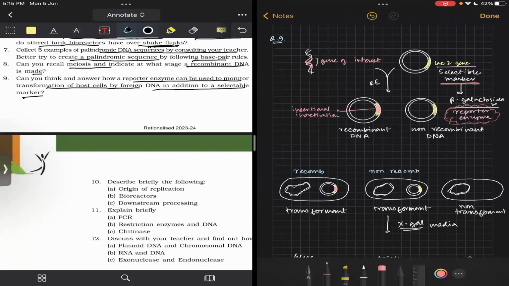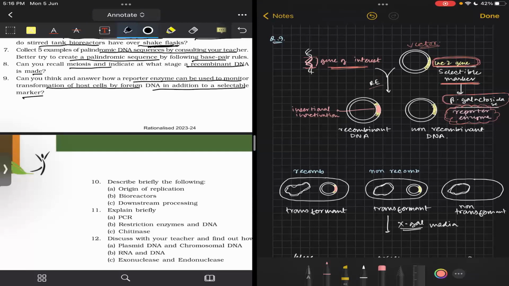I want to create a genetically modified organism. For that, we have to take a gene of interest. So this is the gene of interest, and this is the vector. And it has a selectable marker, that is the LacZ gene. This is the selectable marker. And it produces the enzyme beta-galactosidase, which is the reporter enzyme.